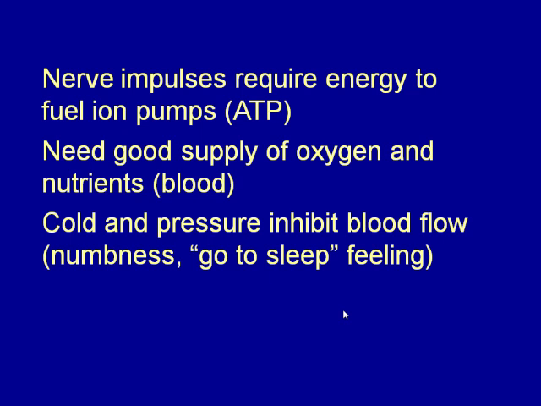They can't return the nerve back to resting membrane potential. And if it can't go back to resting membrane potential, we can't generate another nerve impulse. So those areas will start to feel numb or get that go-to-sleep feeling. As soon as you warm it up or relieve the pressure and the blood flow comes back again, you can again get resting membrane potential on the neurons, and feeling comes back into the system, and you can generate impulses again.